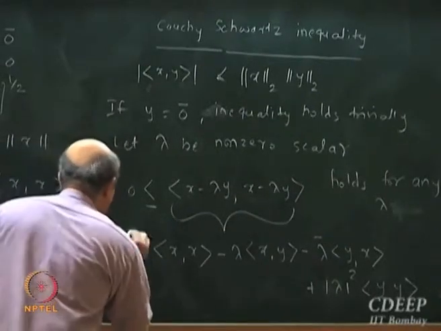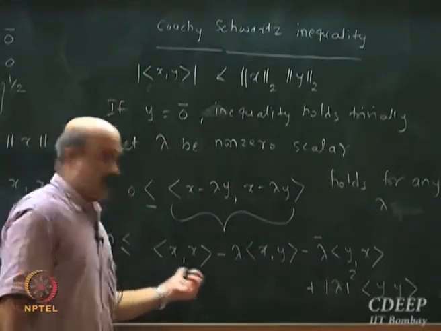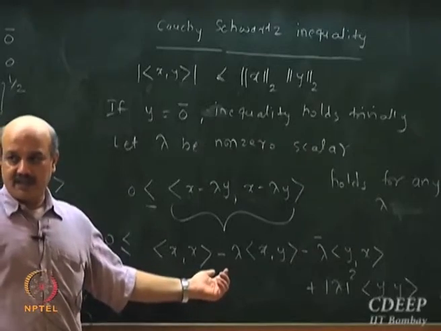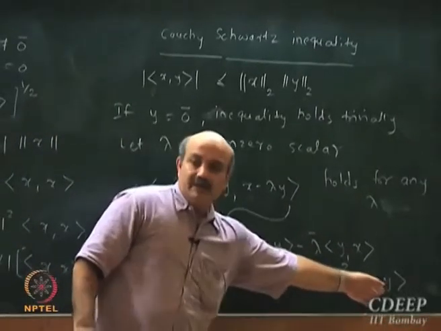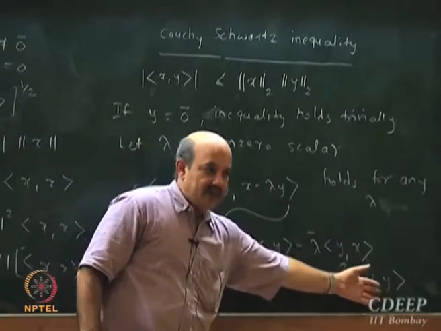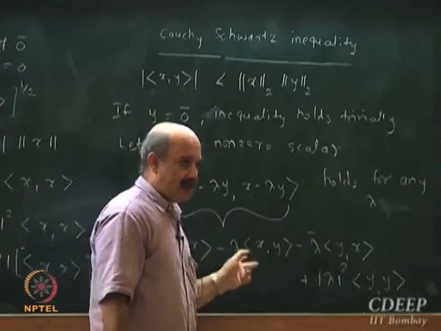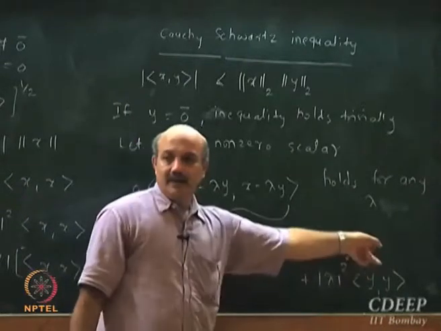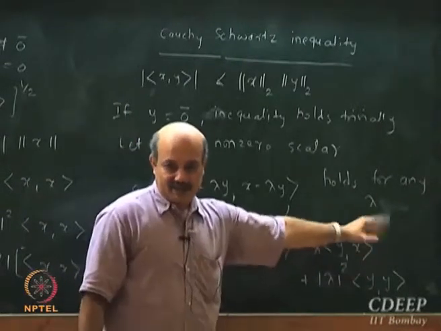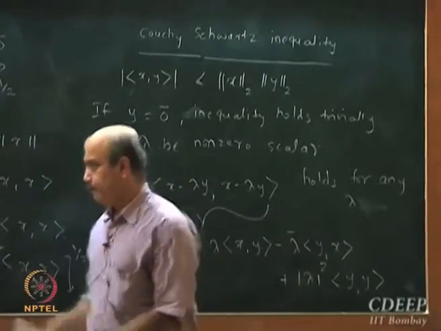Okay, this also of course has to be greater than 0. This is x inner product x, always greater than 0. Mod lambda square y inner product y, always greater than 0. Now I have two quantities in between. Okay, x and y inner product x.